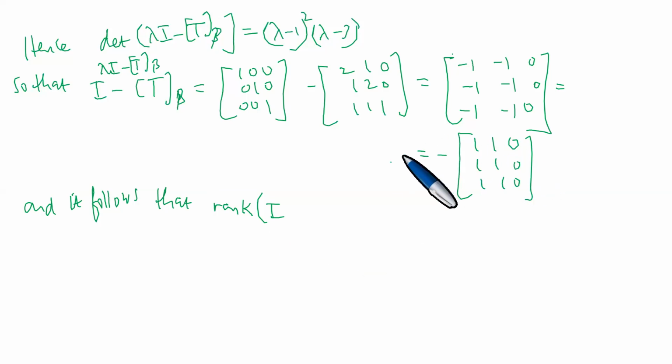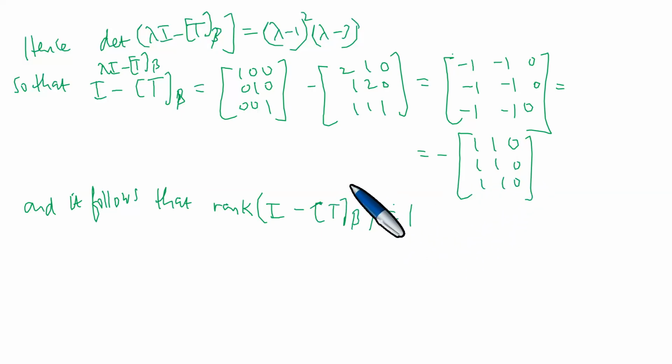It gives us the negative matrix, since there's a minus in front. Normally we don't speak about negative matrices, but there's a minus in front. So the rank of this minus p sub b, which is this minus that, is 1.